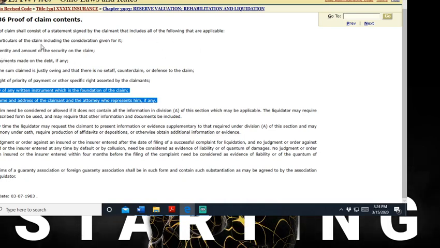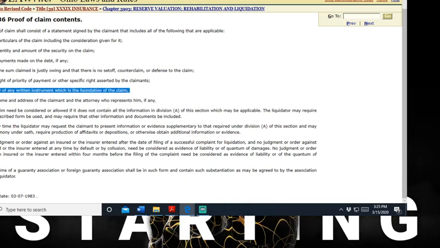The particulars of the claim include the consideration given for it, the identity and the amount of the security on the claim, the payment made on the debt, if any, the sum claimed is just owing and that there is no set-off, counterclaim or defense to the claim, any right, a priority of payment or other specific right asserted by the claimant, a copy of any written instrument which is the foundation of the claim.